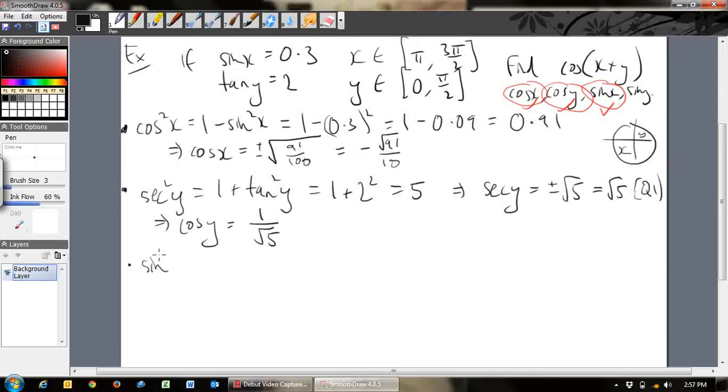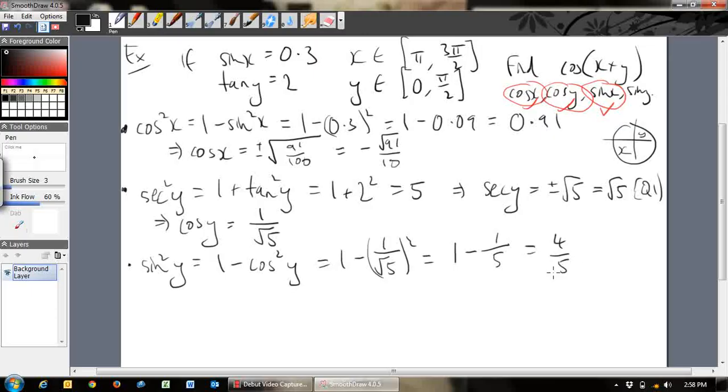So next one, sine squared y will be equal to 1 minus cos squared y, which is 1 minus 1 over square root of 5, squared. So that's 1 minus 1 on 5, which is equal to 4/5.